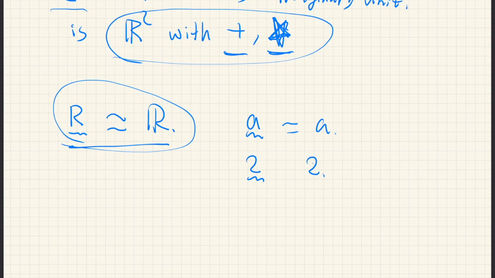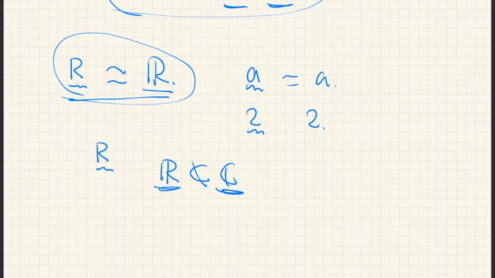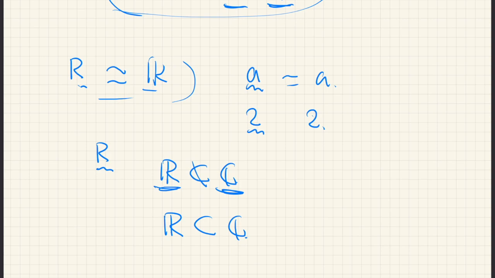Of course, originally this set is not exactly identical to real numbers, because this is the set of pairs of real numbers where the second component is 0. In that sense, originally the set of real numbers is not a subset of complex numbers, because this is a set of pairs, this is not pairs. But because of this identification, we regard real numbers as a subset of complex numbers.